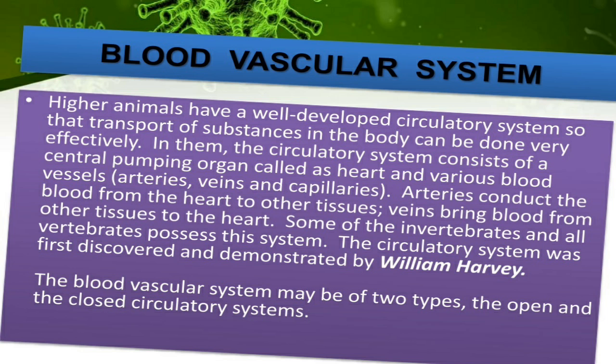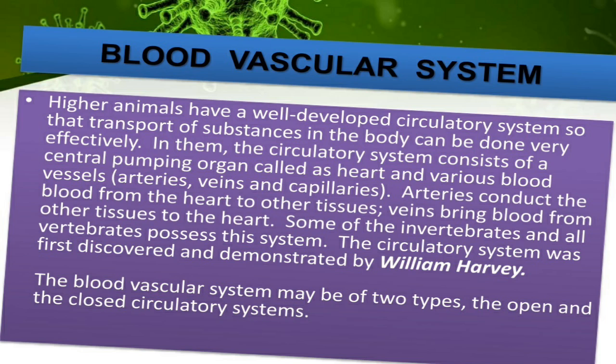Now see the blood vascular system. Higher animals have a well-developed circulatory system so that the transport of substances in the body can be done very effectively. In them, the circulatory system consists of a central pumping organ called the heart and various blood vessels: arteries, veins, and capillaries.